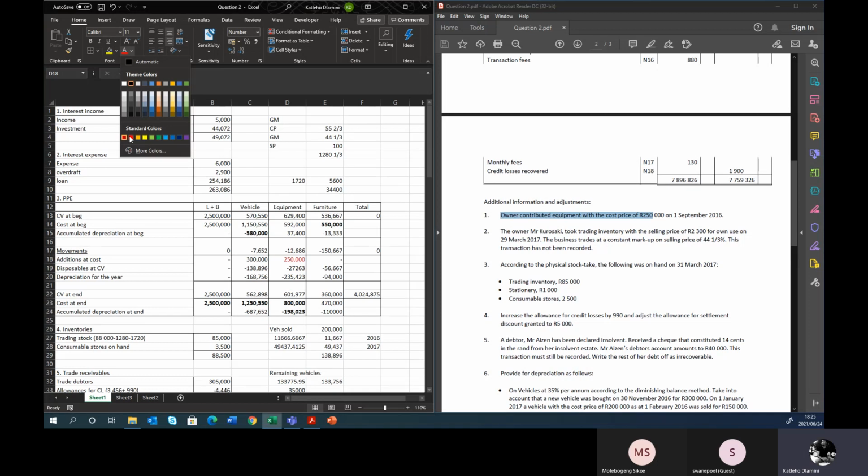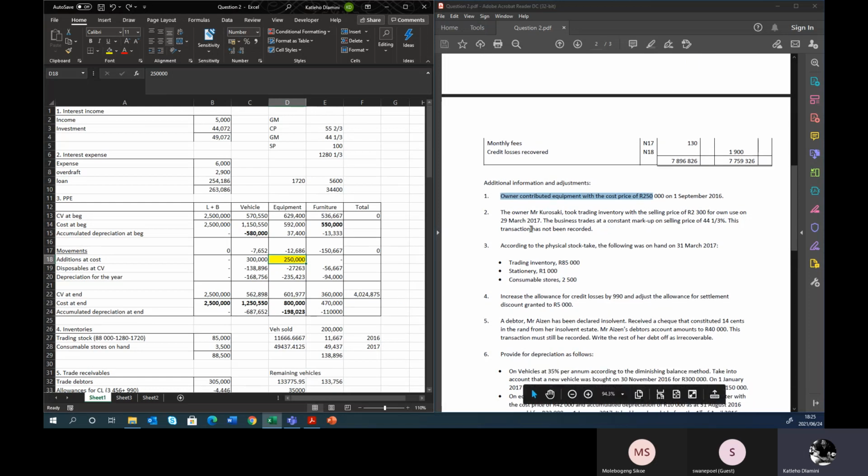I'll make them red. So the 2.5 is already done over there. Or maybe I can just highlight them. Yeah, I think that works. And then I'll highlight these amounts as well. Okay, so then we can calculate this depreciation and put it aside for now.